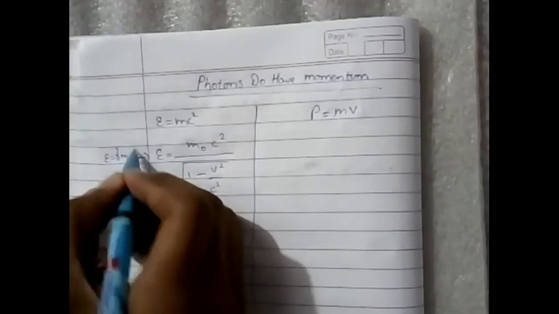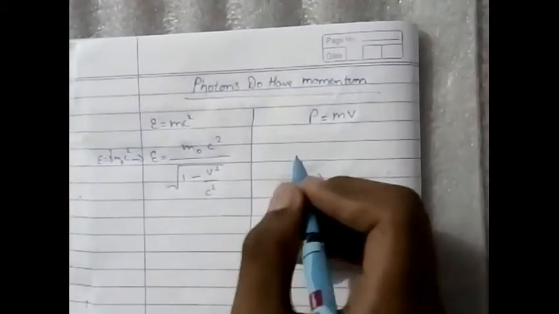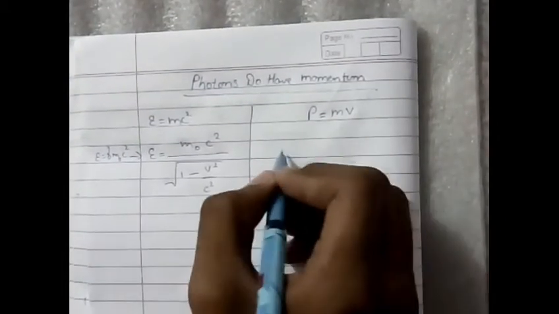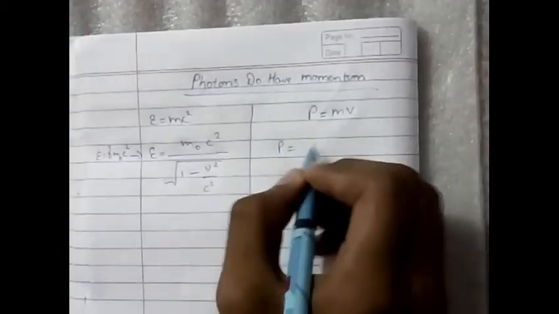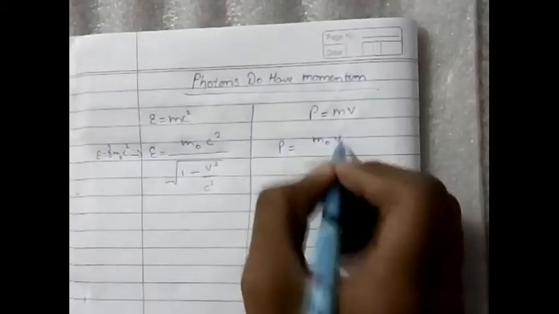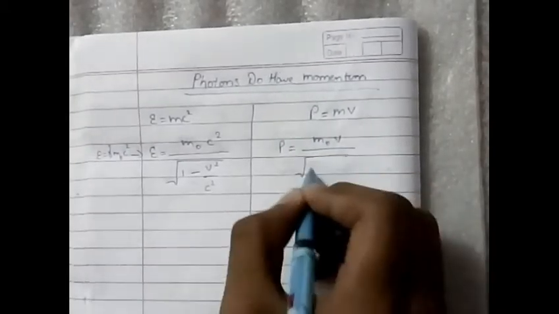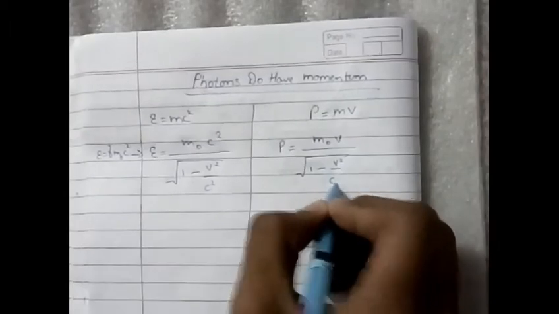It is commonly known as E equals gamma m naught c squared. And same with the equation of momentum. Momentum is equal to m naught v over the square root of 1 minus v squared over c squared.